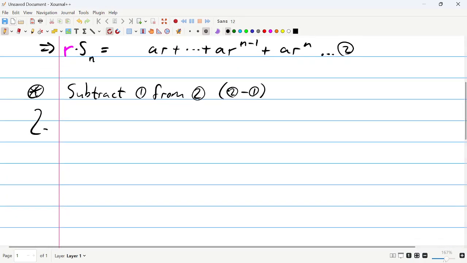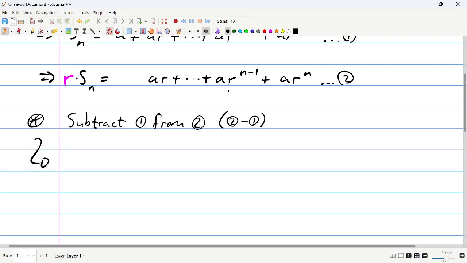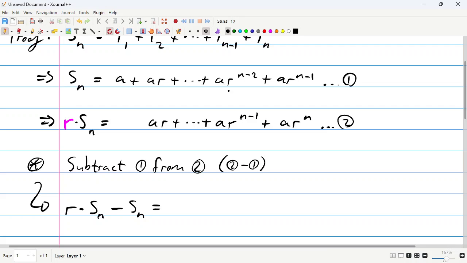So in that case, what it's going to look like is 2 minus 1 is the same as saying R times Sn minus Sn, which is just number 1, is the same as saying what? We are taking all of this. Remember that these are going to cancel, these are going to cancel, or whatever was before then, and these are going to cancel, and then what we are left with is just A times R to the power of n minus A.